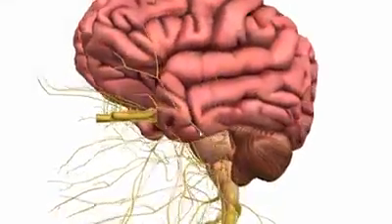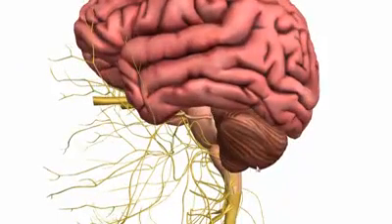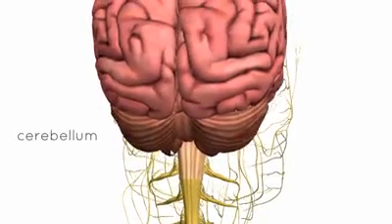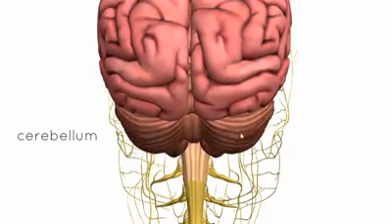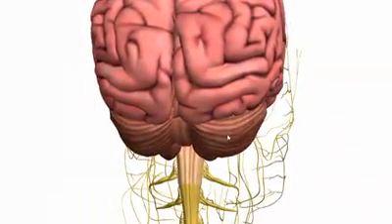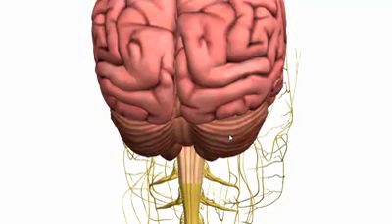The cerebellum is this part of the brain which sits behind the brainstem. You can see it here sitting directly behind the brainstem, and you can see it has these two lobes. Cerebellum means little brain in Latin, and this has loads of connections with the brainstem, and it's important in motor control and coordination, balance and muscle tone and that sort of thing.